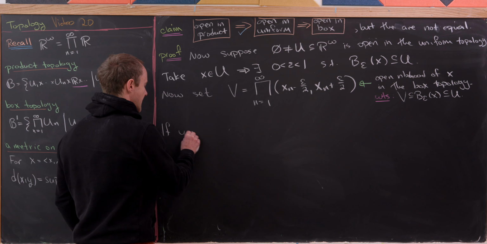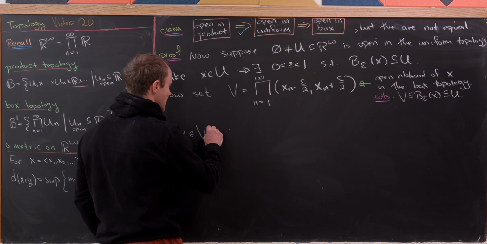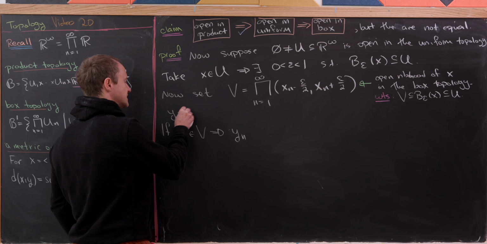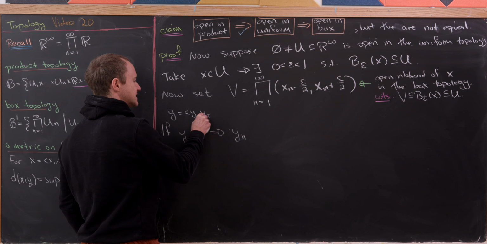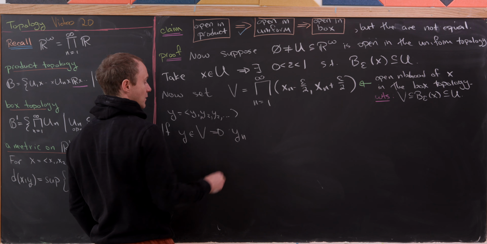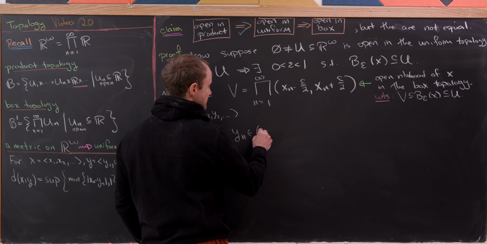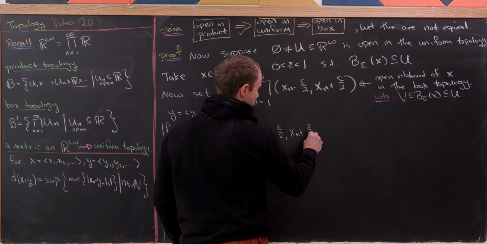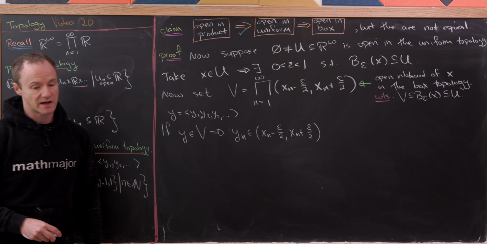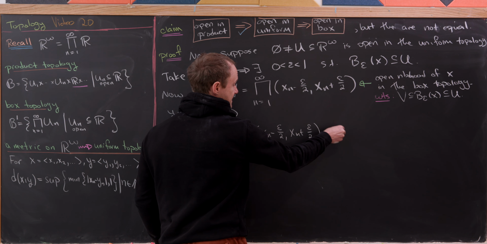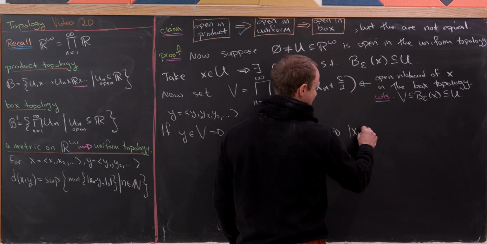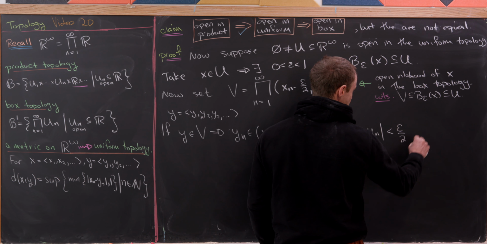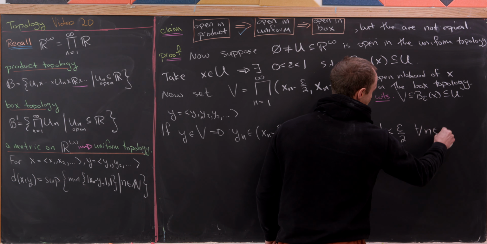So if y is an element of V, then what does that mean? Well, assuming we're using throughout that y is this sequence y_1, y_2, and so on, then y_n comes from the interval x_n minus epsilon over 2 to x_n plus epsilon over 2. That means that the absolute value of x_n minus y_n is less than epsilon over 2 for all n in the natural numbers.